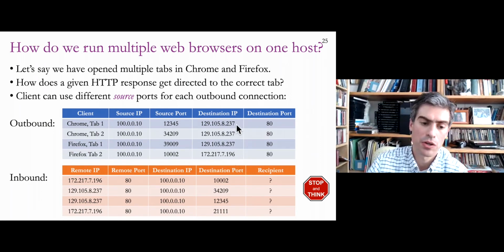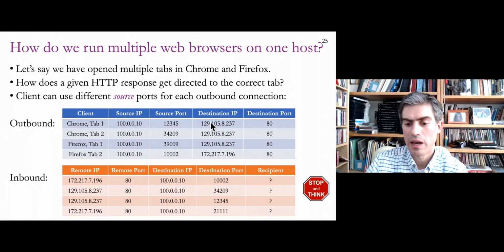This example shows 3 tabs visiting the same website, and a 4th tab visiting a different website. You'll notice that the first 3 are connecting to the same destination IP address and port number. But because the source IP address and port are different, these 4 combined are different, so it's a different connection. It's okay if the destination IP address and destination port are the same.